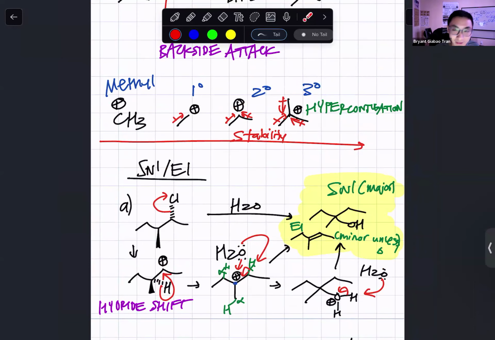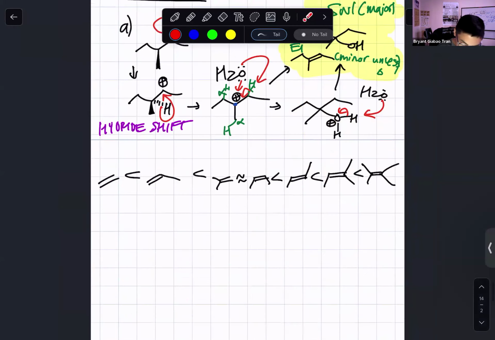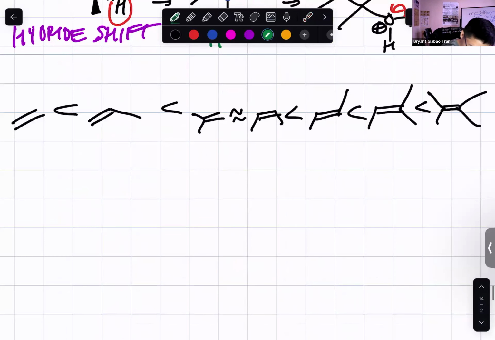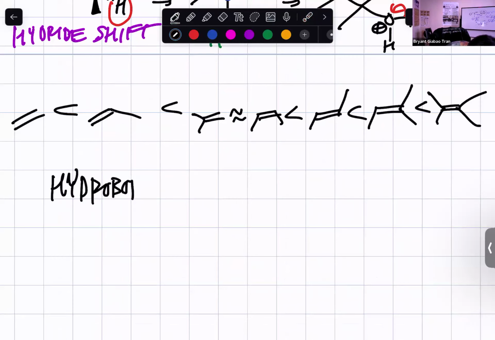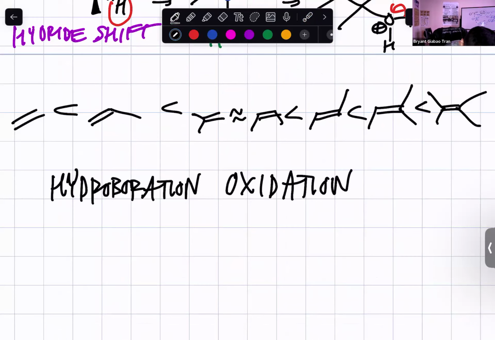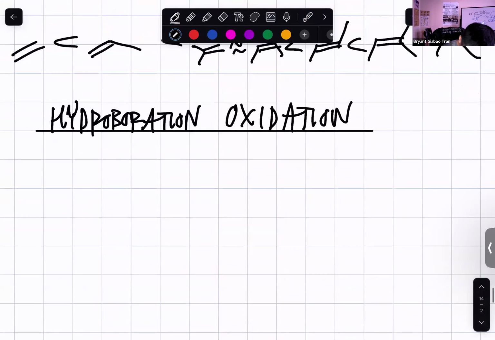No problem. Okay. So the next question is going to be hydroboration oxidation. This is going to be an alkene reaction, where when we talk about alkene reactions, we could think about the regioselectivity of the reaction.